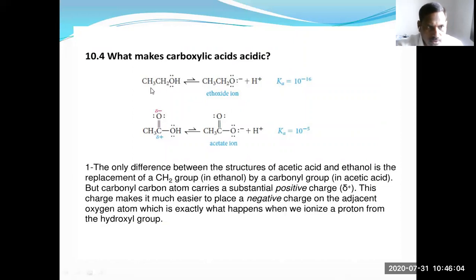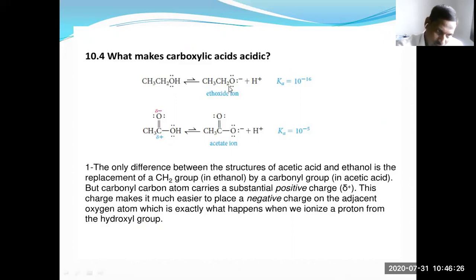So see here, this is ethanol. Ethanol loses the proton and is converted into ethoxide ion, whereas acetic acid loses the proton and is converted into acetate ion. Of these two, acetate ion is more stable due to resonance.